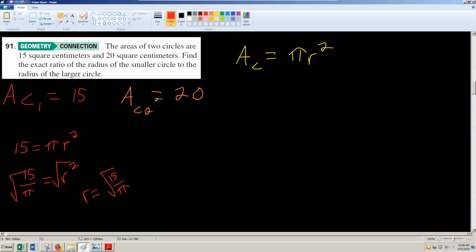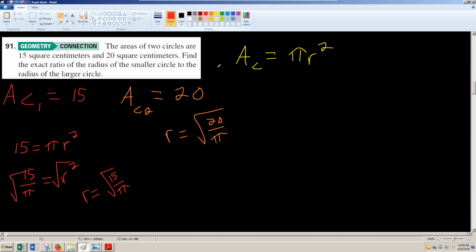For the next one here, I'm going to do the same steps all the way through. The only thing different is now I'm doing 20. So my radius for this one is going to be the square root of 20 over pi. And now the actual goal of this problem is to find the exact ratio of the radius of the smaller circle to the radius of the larger circle. So I'm basically going to do the red one over the orange one.